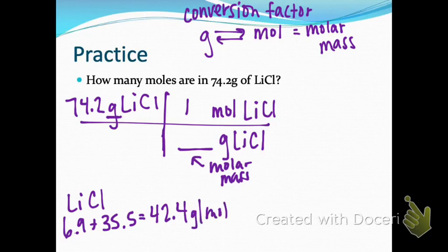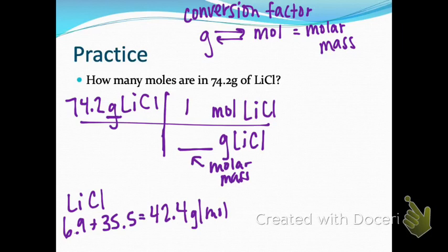It's just, you don't round lithium as well. You're right. I kept lithium at 6.9, and I kept chlorine at 35.5. That's what I got when I added those two numbers exactly. If you're somewhere in that ballpark, 42.3 or whatever, you're close enough. Okay, are we in agreement with that molar mass?